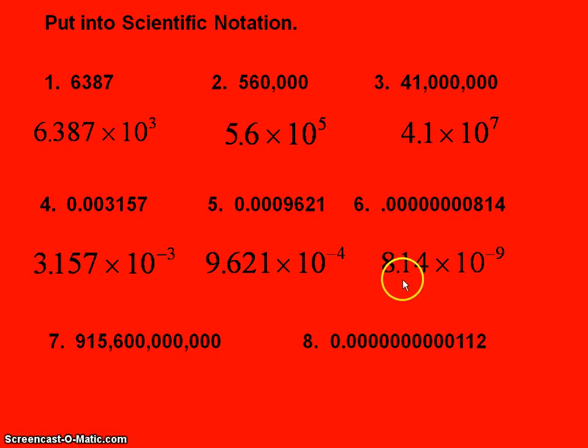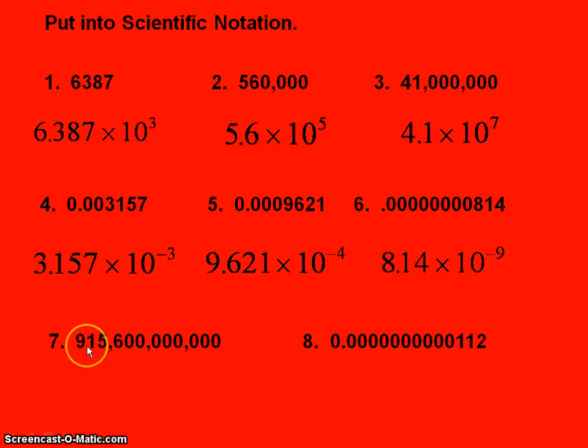Now number 7 and number 8, it kind of mixes some things up here. If you look at number 7, and you ask yourself that question again, is this a good amount of money? And your answer should be yes. Everybody should want that in their pocket. Then you know that your exponent's going to be positive. Once you know that, then really all you have to do is figure out where the decimal has to go, in between what two numbers.